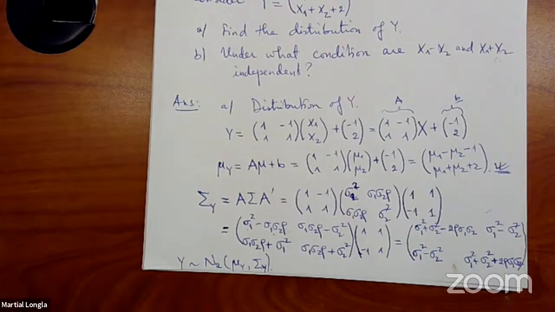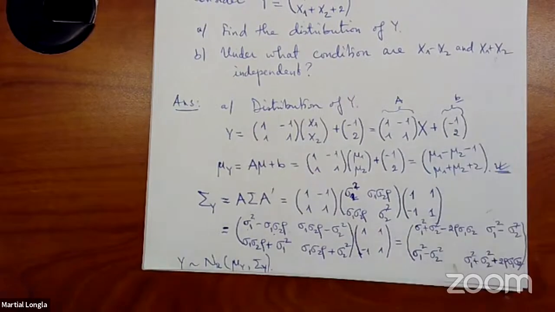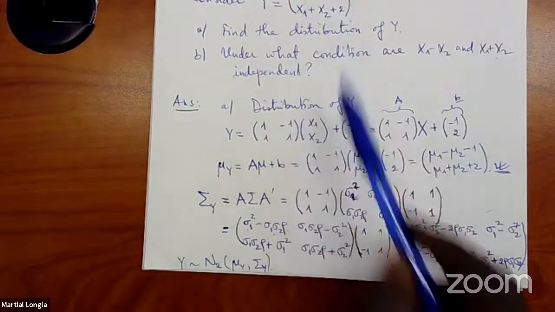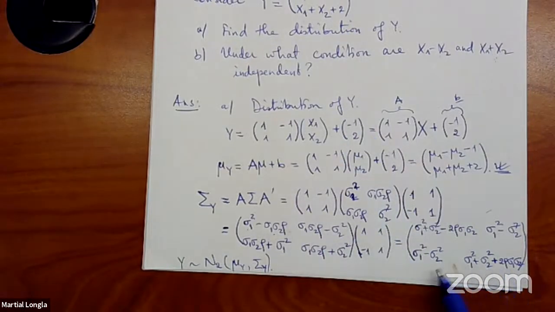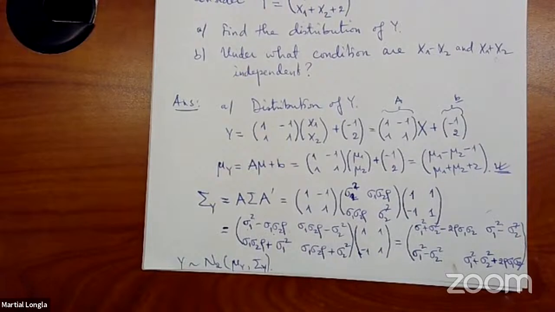Because the question is about x1 minus x2 and x1 plus x2, but y is minus 1 and plus 2 here. And I want to base my reasoning on this and just conclude that x1 minus x2 and x1 plus x2 are independent. Why will I be correct if I do so?